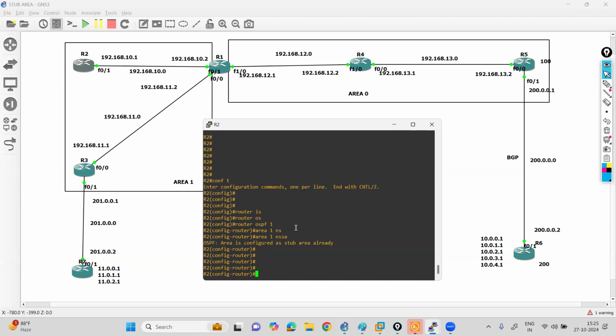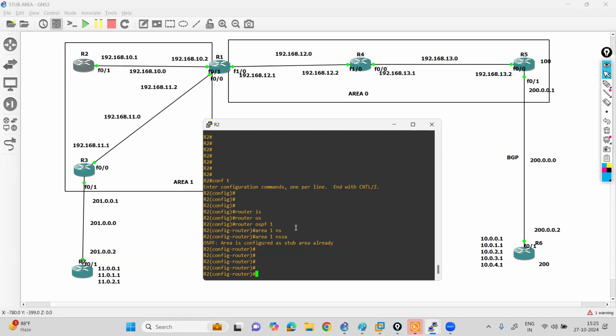First one, we can reset the OSPF process. Clear the OSPF details. We can put the command no router OSPF 1 and it will be completely deleted, right? We can remove the complete protocol.